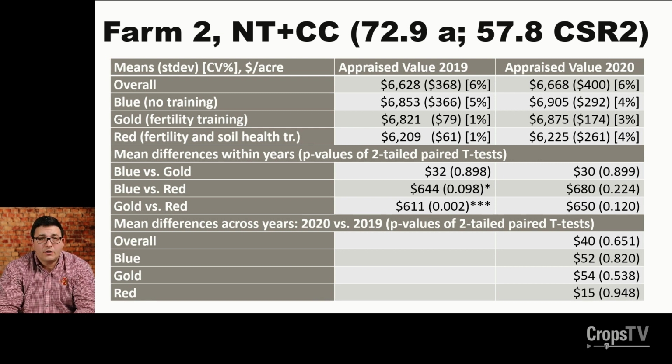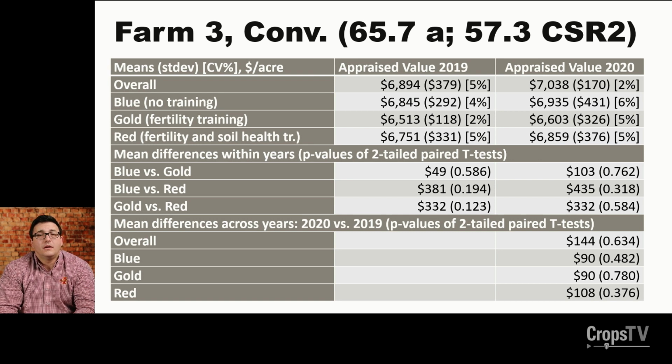So our third farm is a long-term conventional practices farm, and in this case it has an area of 66 acres with a CSR2 value of 57.3, which makes this farm similar to Farm 2, but Farm 2 and 3 are different in terms of area and productivity than Farm 1.